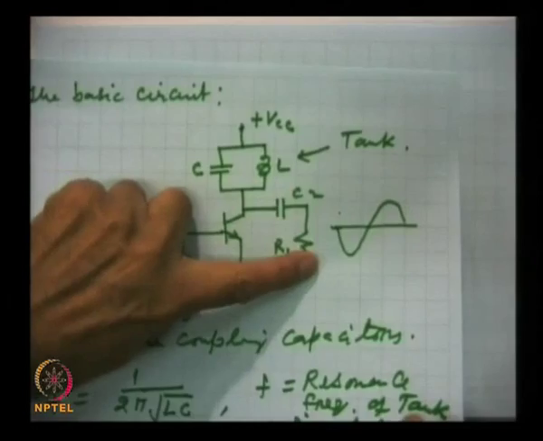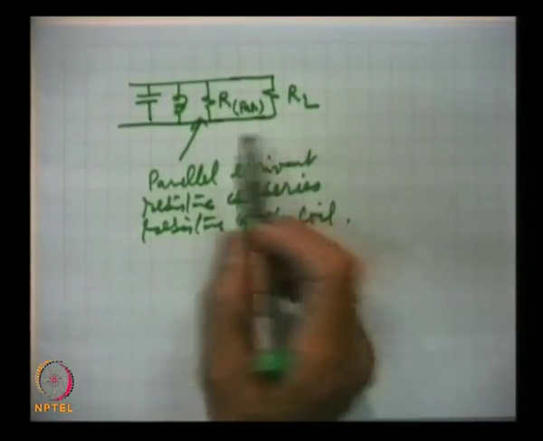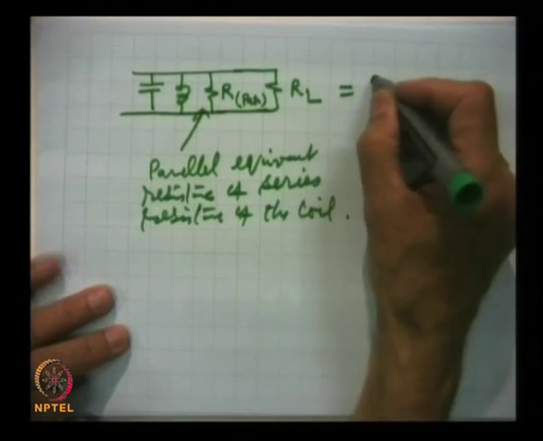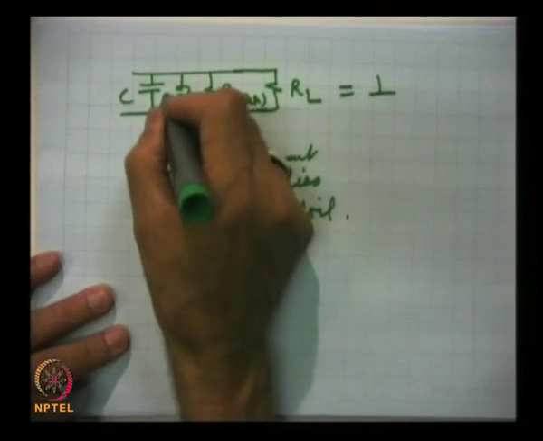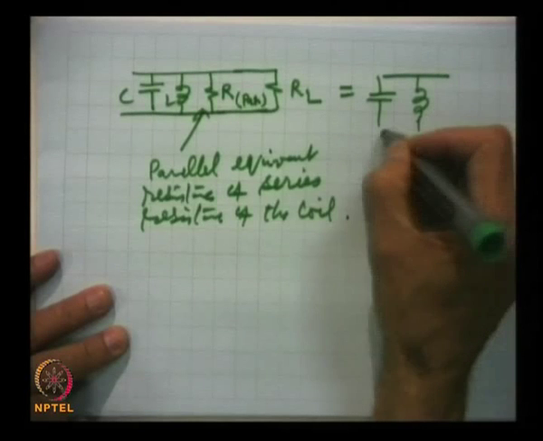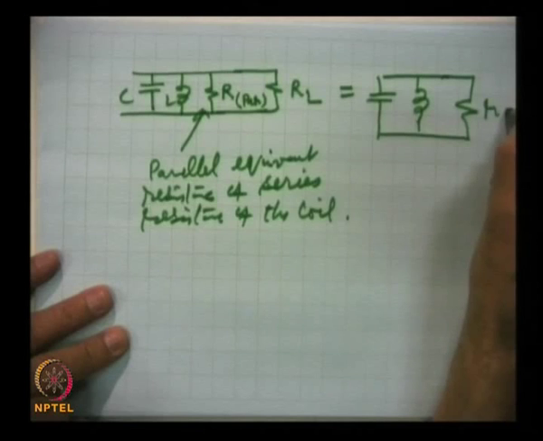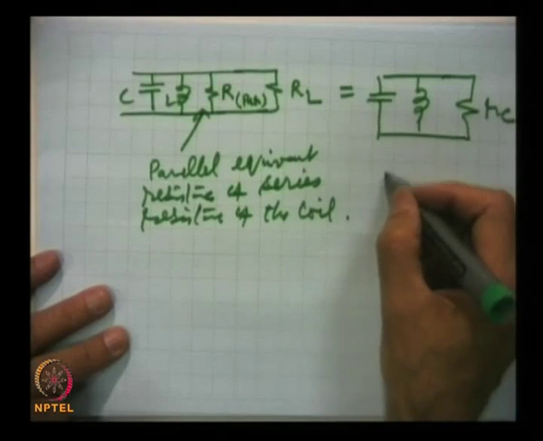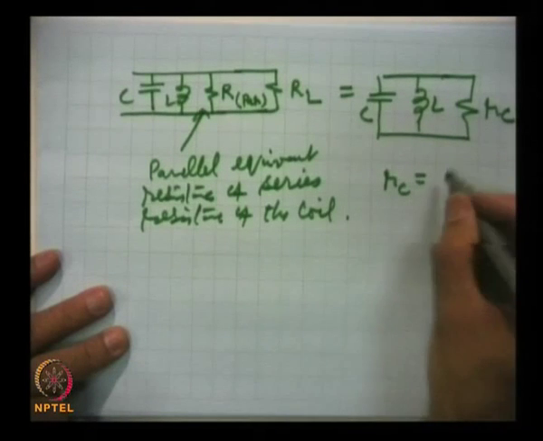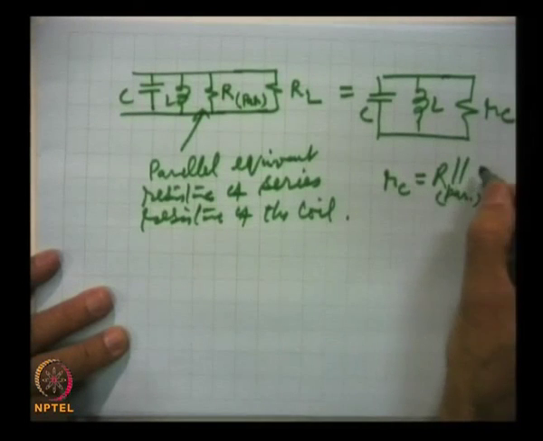So, when this is shorted, everything will come in parallel, and this is what has been shown. And here we can replace it by this, where this is C, this is L, and this is the effective load Rc, which is actually R_par in parallel with RL.